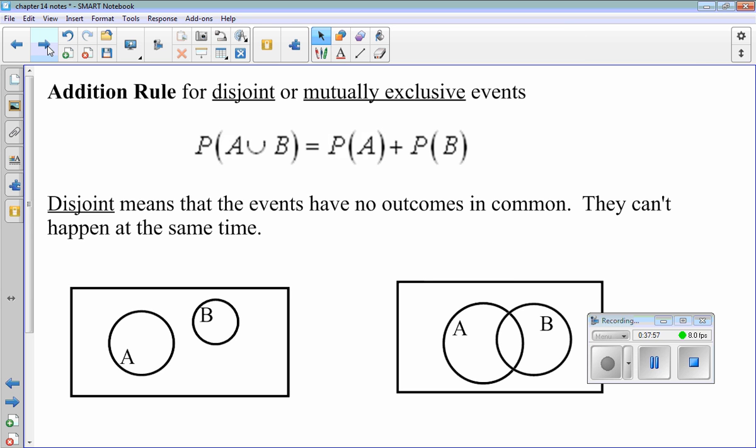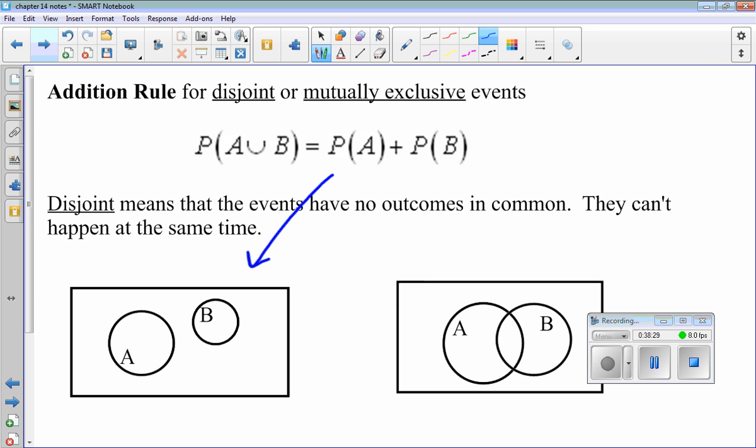And I kind of gave this to you, and I told you it was on your formula sheet. There's something missing, though. So look at the formula that I have here. This formula only goes with one of these two Venn diagrams. It cannot go with both. So what's the only one that it could go with? Yeah, it has to go with this one.